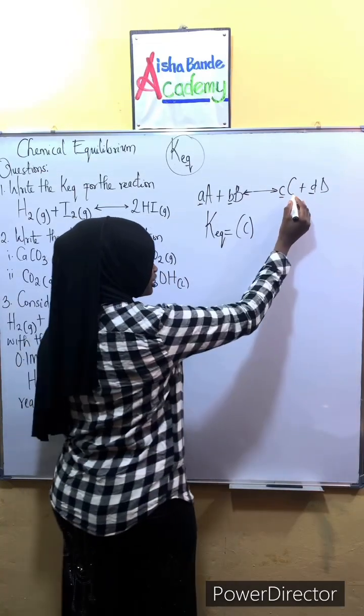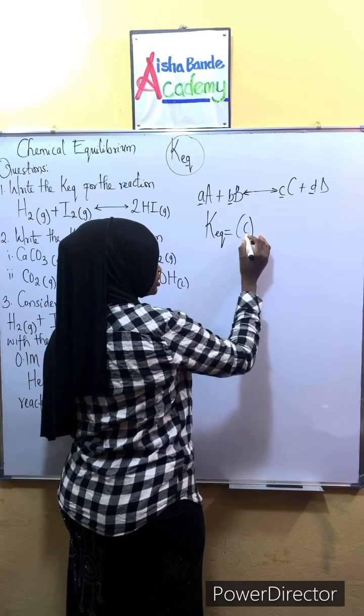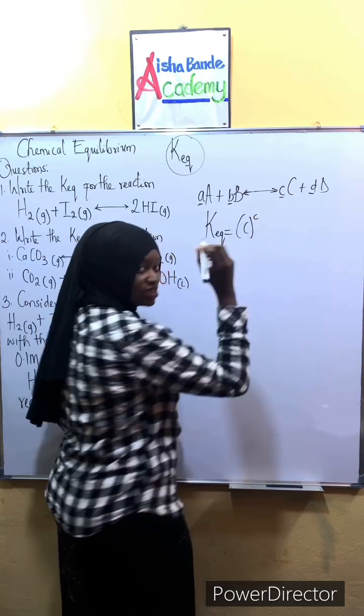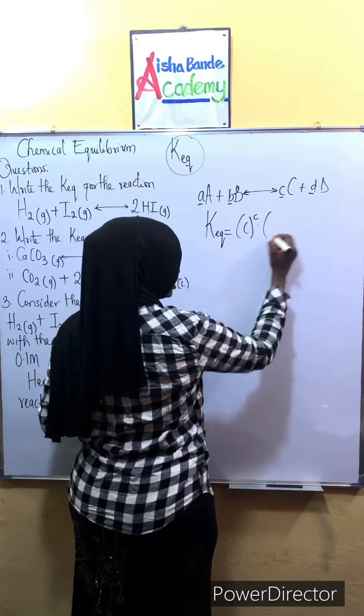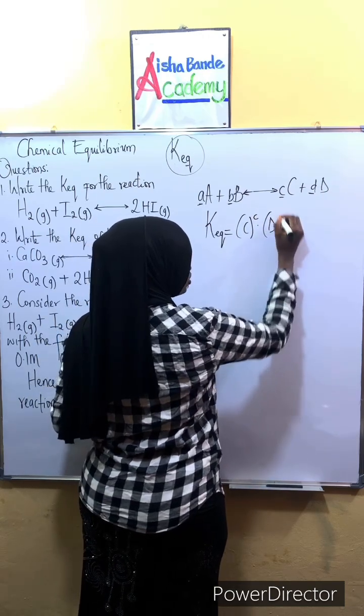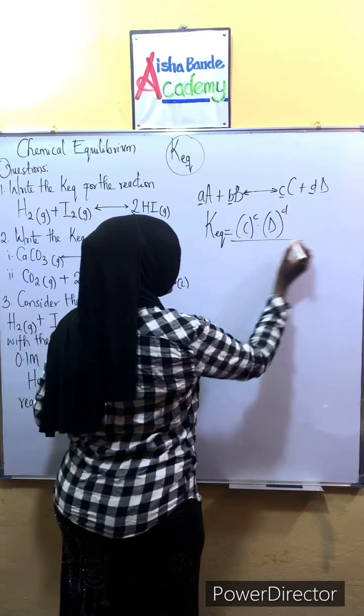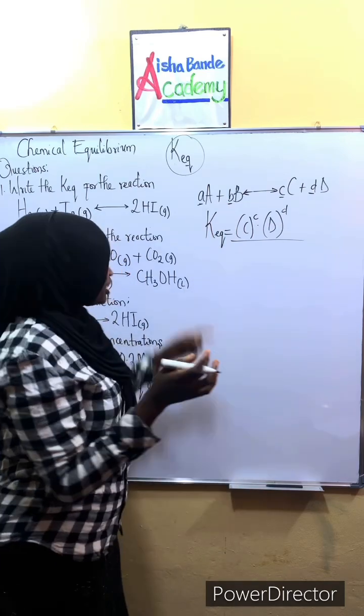So here, the compound C is raised to the power of the coefficient, which is small letter c, multiplied by the compound D, raised to the power of the coefficient, which is small letter d, all divided by, now we go to the reactant side.